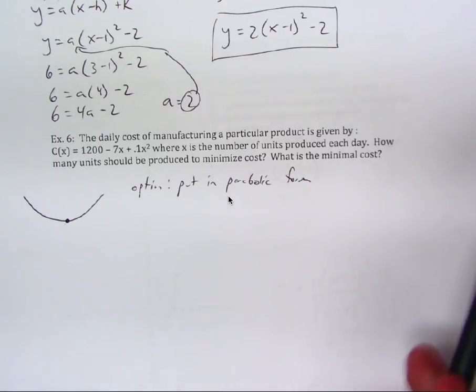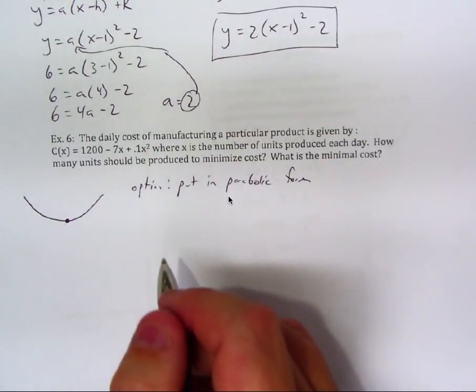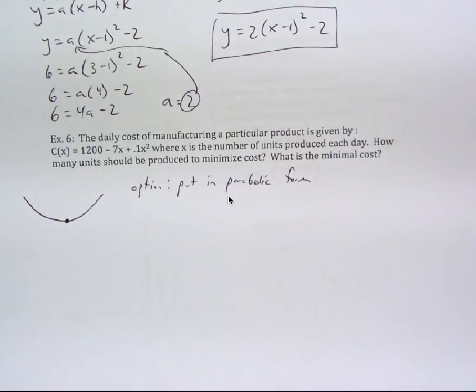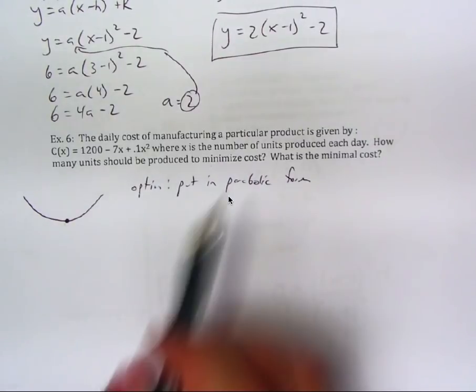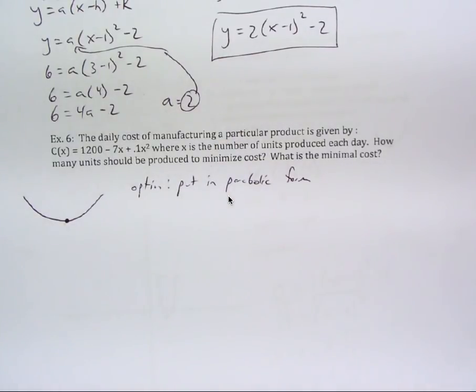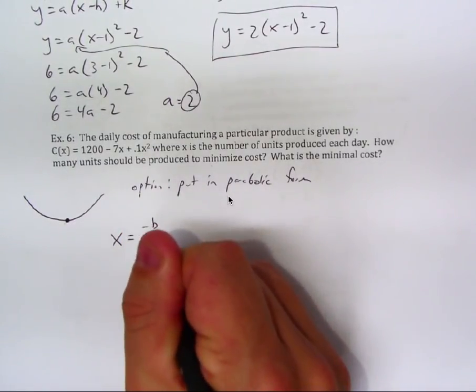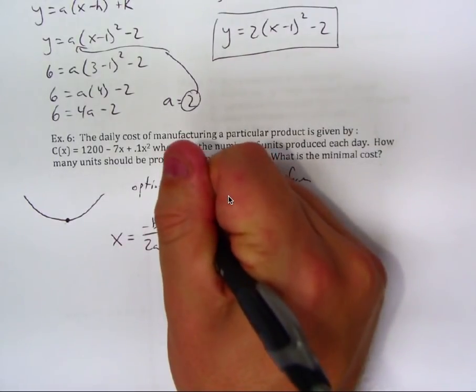Option two is this. There's a formula that hopefully you learned in Algebra 1 that finds the vertex for you, because you graphed parabolas in Algebra 1 without ever talking about parabolic form. You found the vertex some way, and here was probably the way you did it. There's a little formula: x equals negative b over 2a. That was option one.